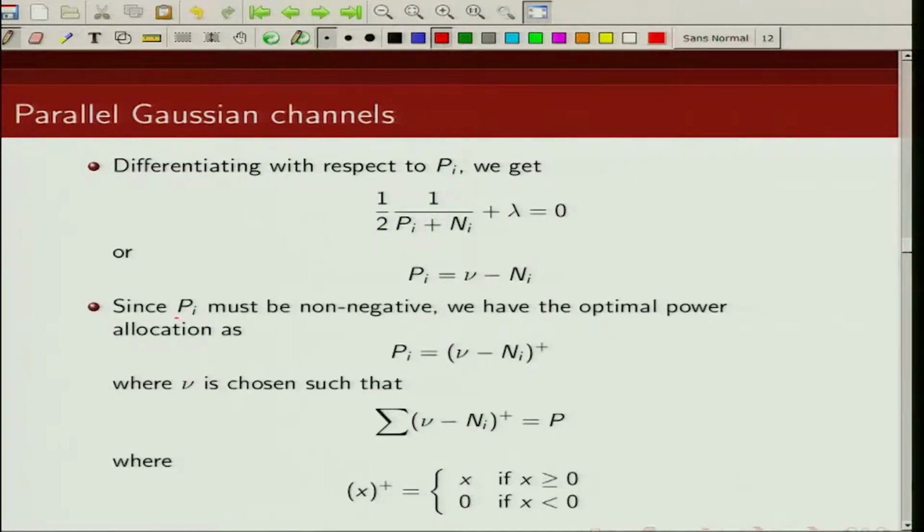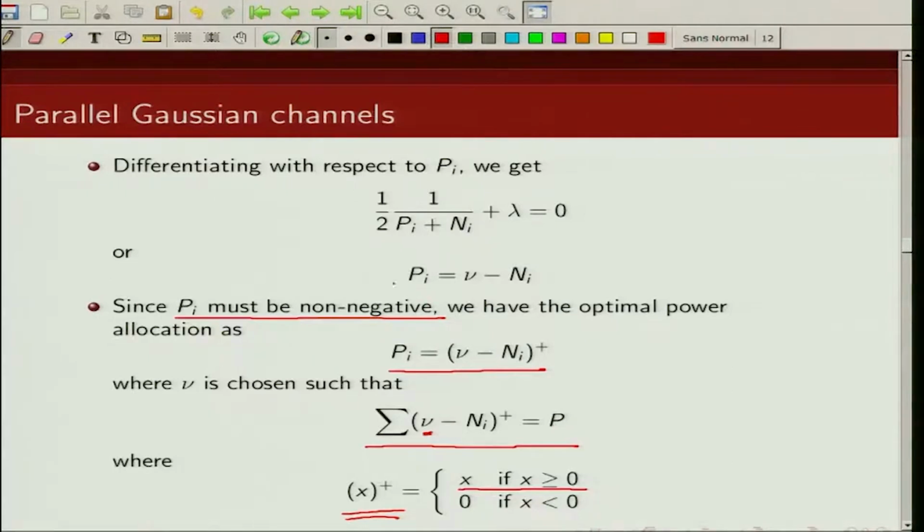Now power must be non-negative, right? So I'm writing Pi as (mu minus Ni)+, where this operator means that this is equal to x if x is greater than or equal to 0, otherwise this is 0. And how do I get this value of mu? The summation of this should add up to the power constraint that I have.